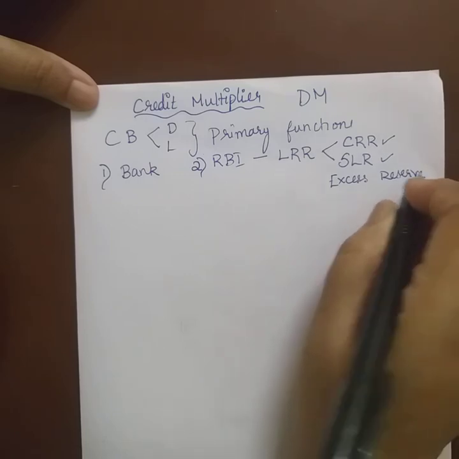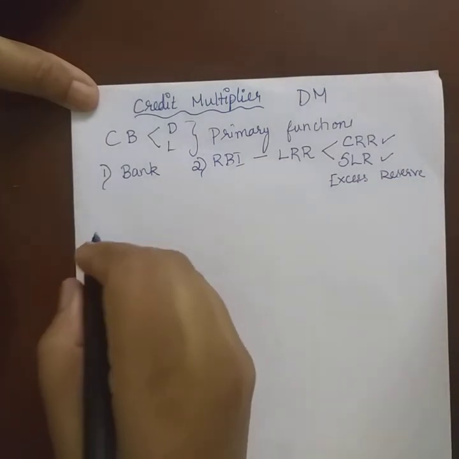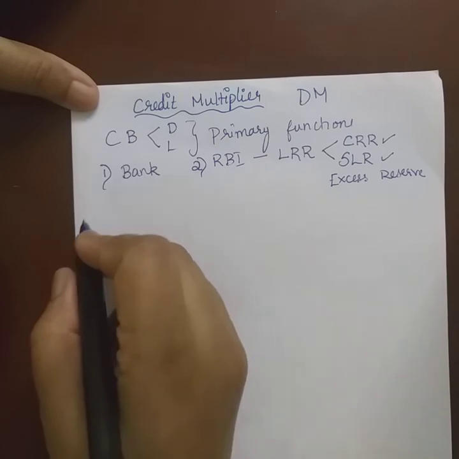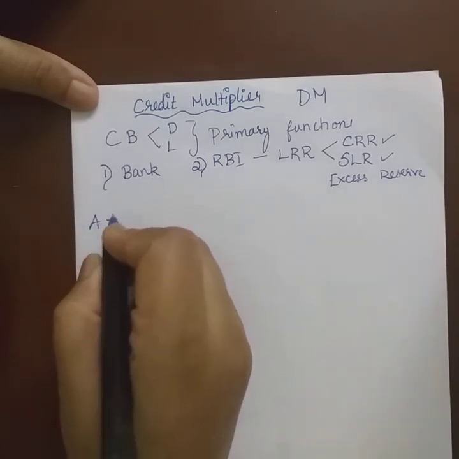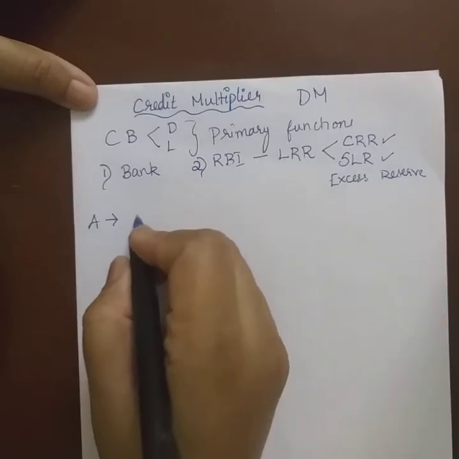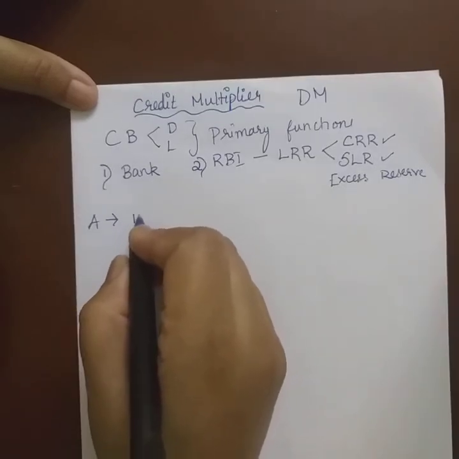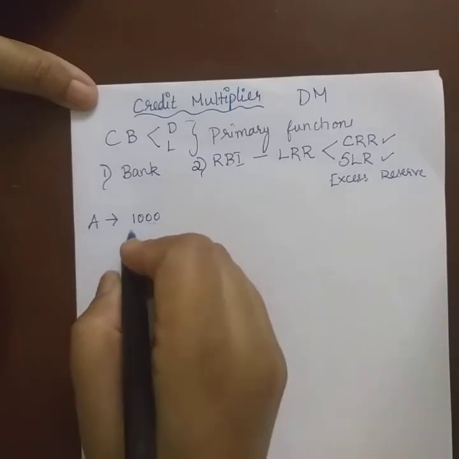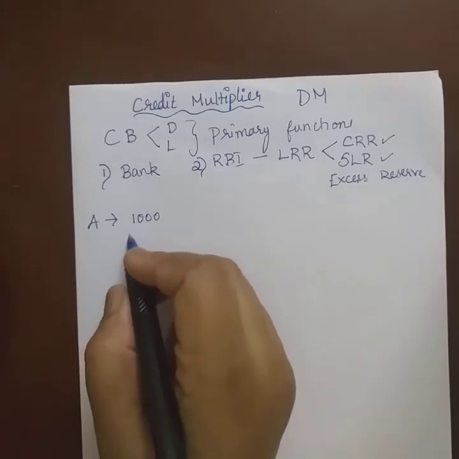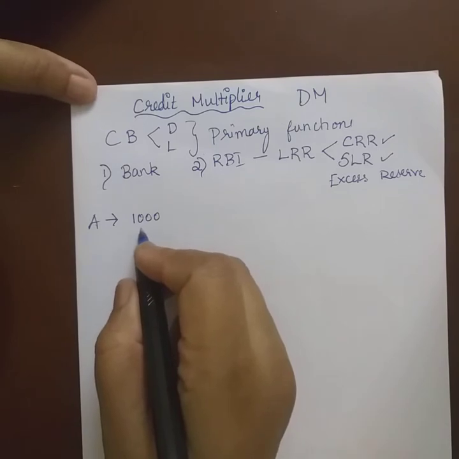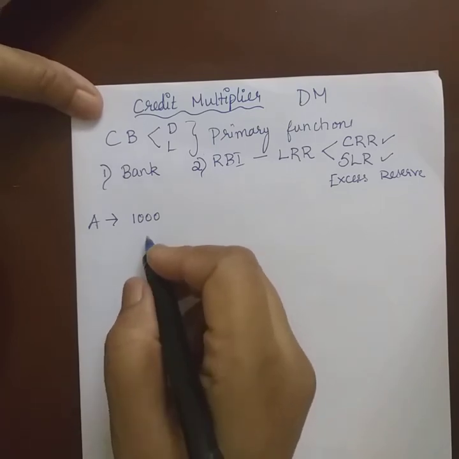Now, moving on to how actually the deposit gets multiplied. Let us assume there is this person A who is going to deposit 1000 rupees with the bank. Now in A's savings account, 1000 rupees is going to be deposited.